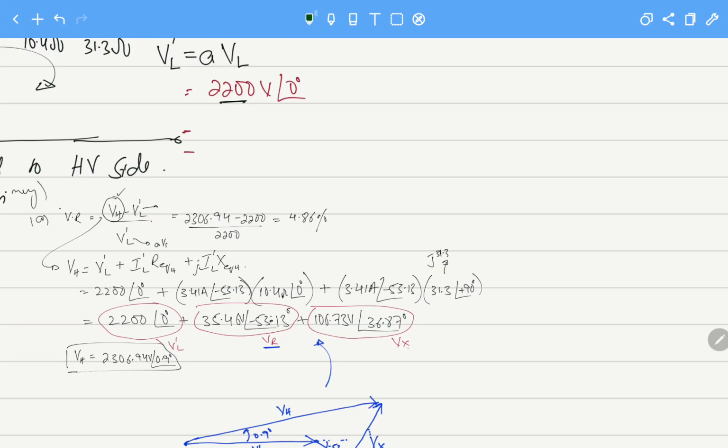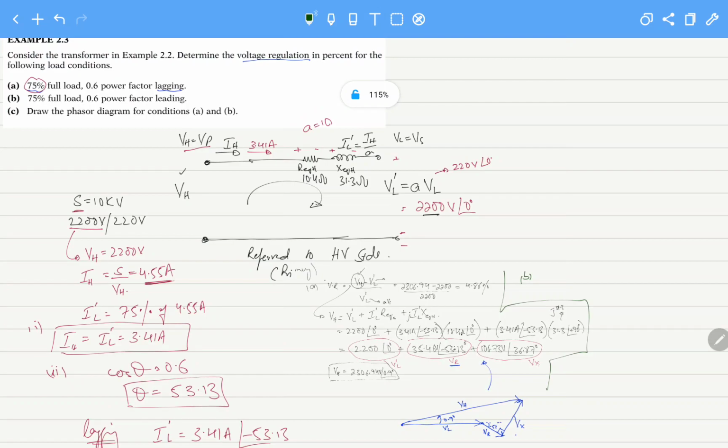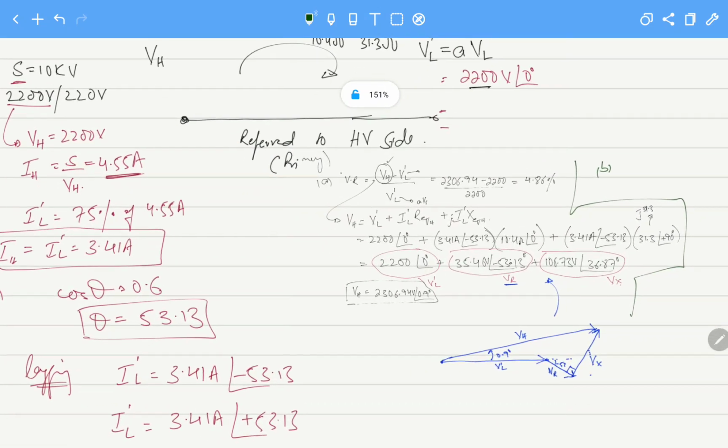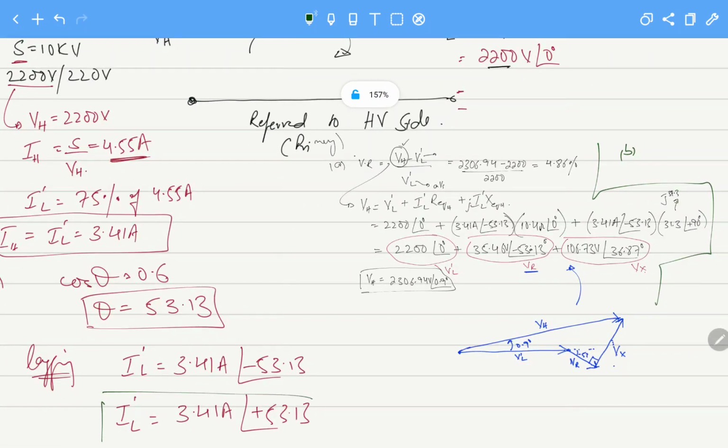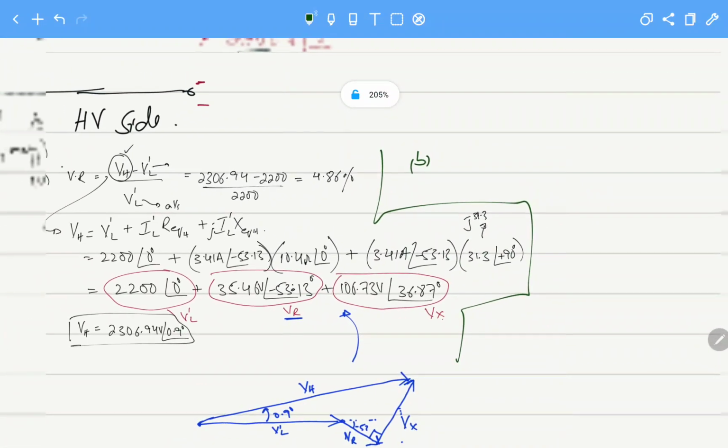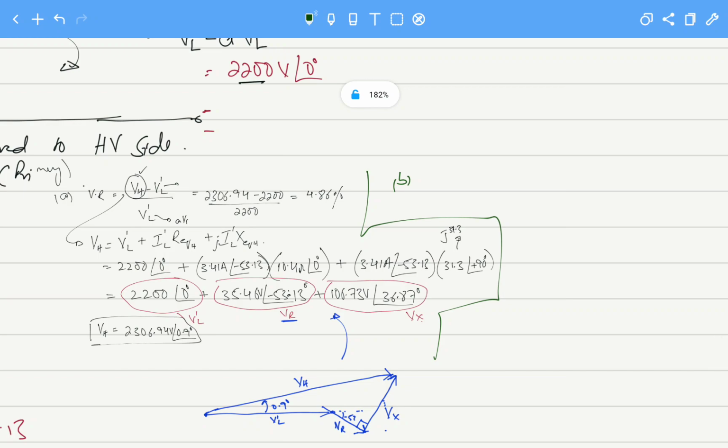So now let's calculate for part B. What is part B here? Part B is for a leading power factor, and for the leading power factor we know this is the current. So the rest is all the same.